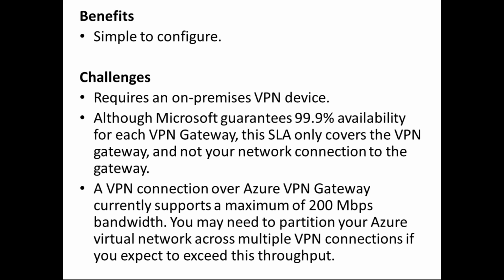The bandwidth that you get in site-to-site VPN is 200 Mbps. So if you need more than that, you may have to create multiple VNets and then split up your workload accordingly.